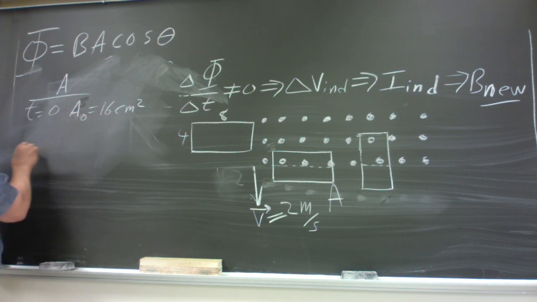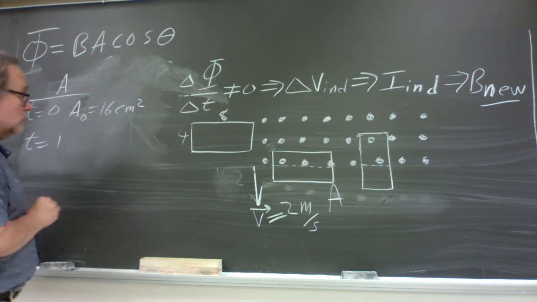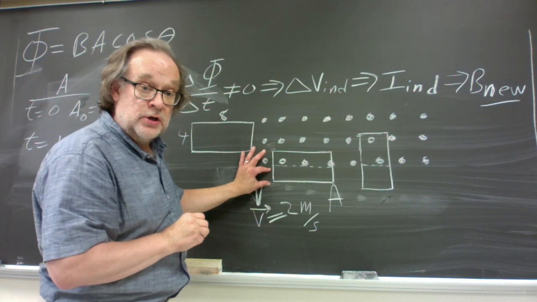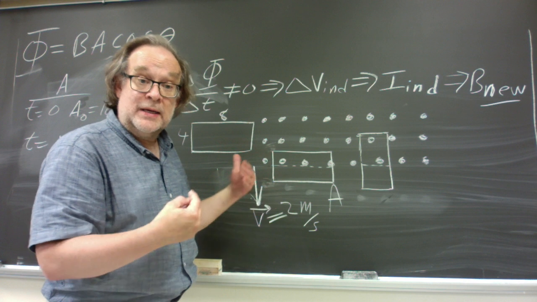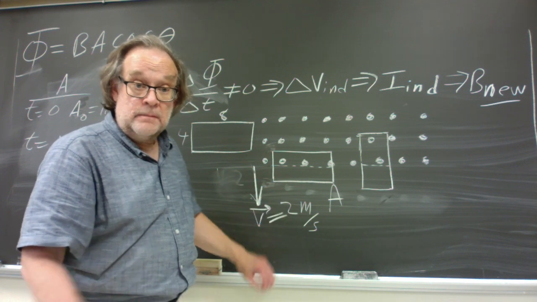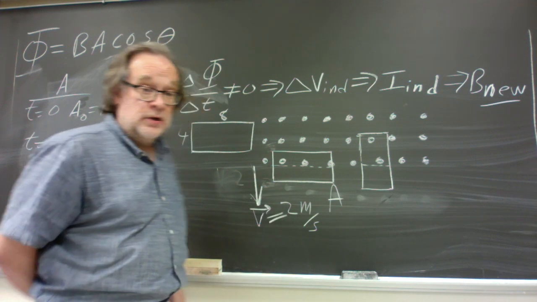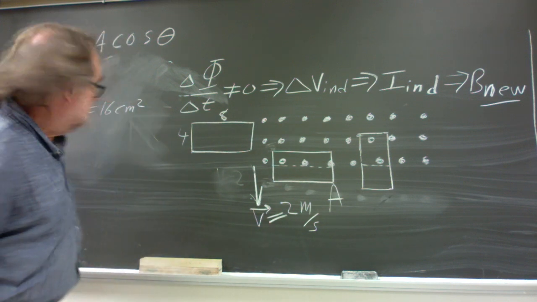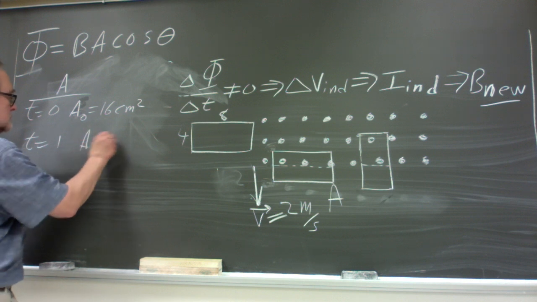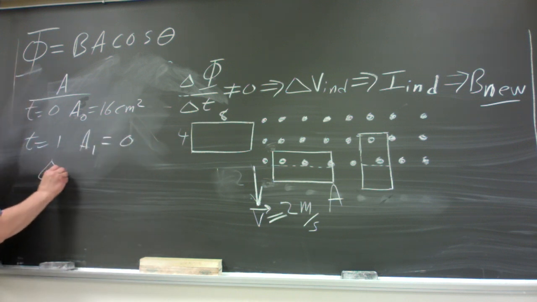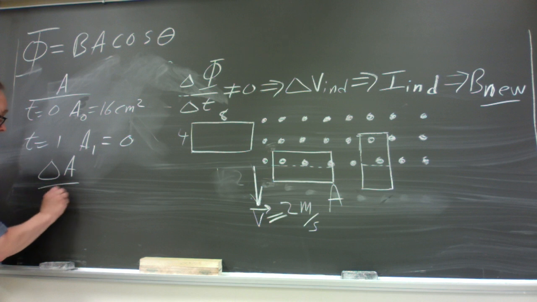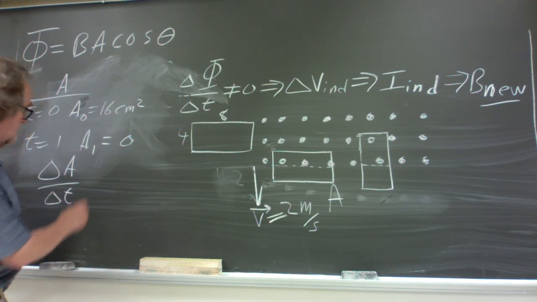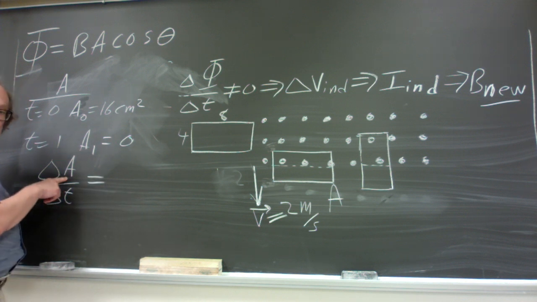So area times 0, and then 1 second later, this thing has fallen another 2 centimeters, so this loop is now entirely outside of the magnetic field region. So the area that's inside the magnetic field is 0. So the change in area divided by the amount of time it took to make that change, the rate of change of the area, is just, well, what is delta anything?